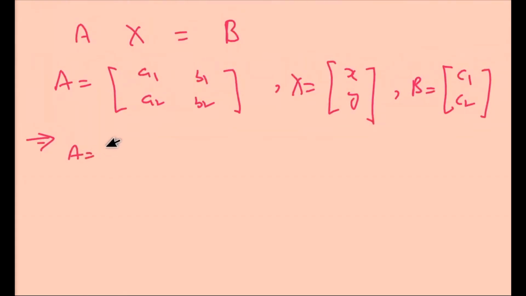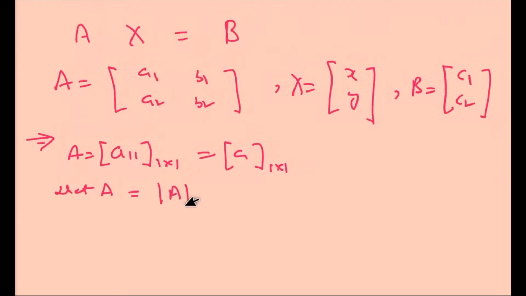If a matrix is of order 1 into 1, now let it be equal to A of order 1 into 1, then determinant of A, or |A|, this is not the modulus, I am telling you again and again, this is the determinant of matrix A, is this member itself.